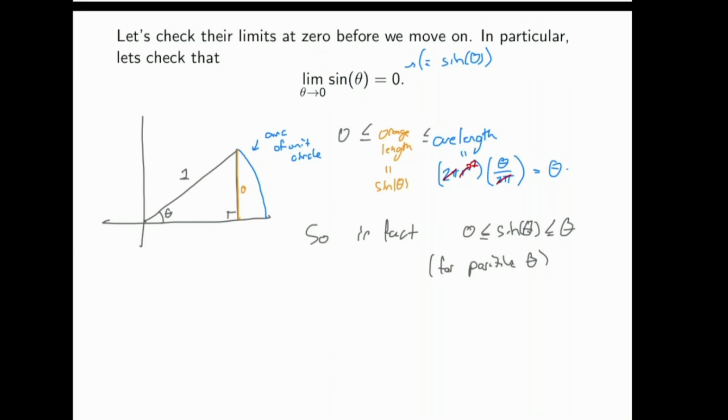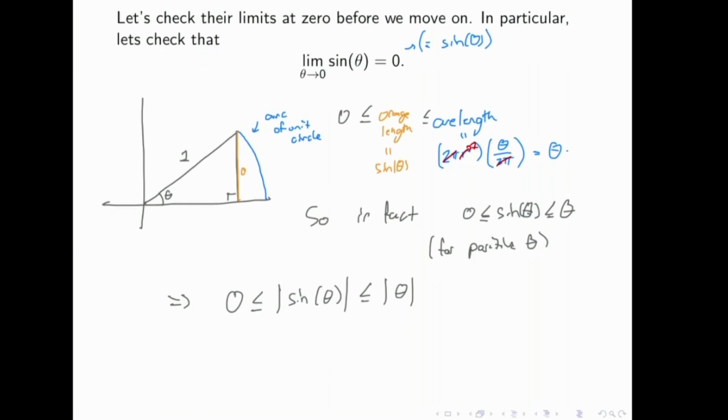But if we want to include the negative angles, it works sort of the same way, but with the inequalities flipped. So what I'm going to do instead is write them with absolute values. So this is going to be the absolute value of sine of theta is less than or equal to the absolute value of theta. Okay, but the limit as theta goes to 0 of 0 is 0, and the limit as theta goes to 0 of the absolute value of theta is also 0.